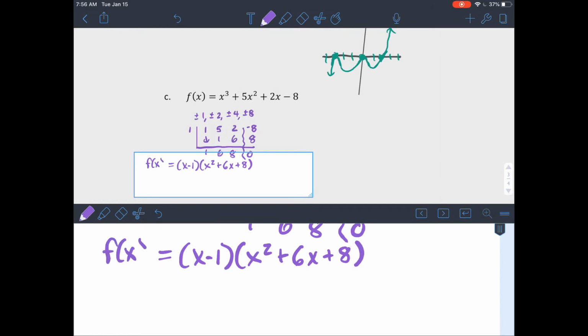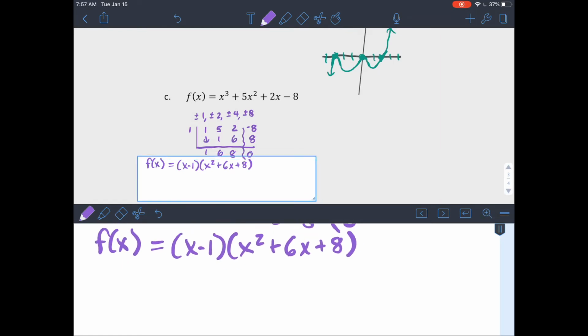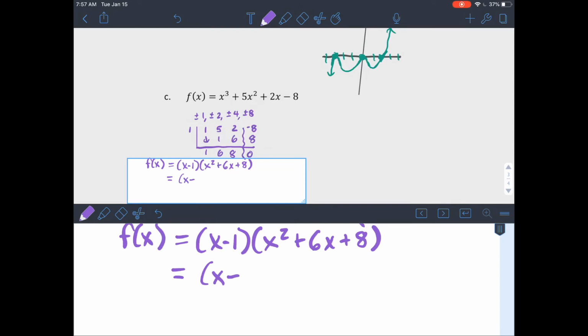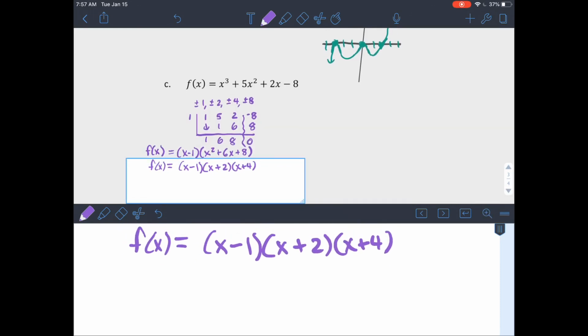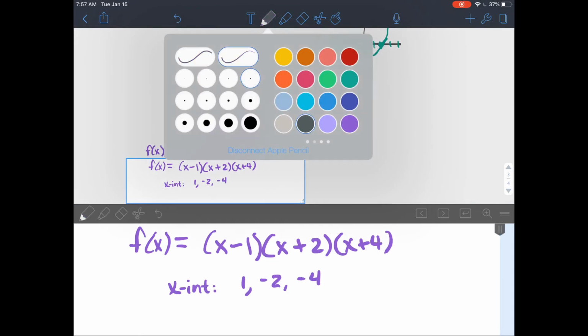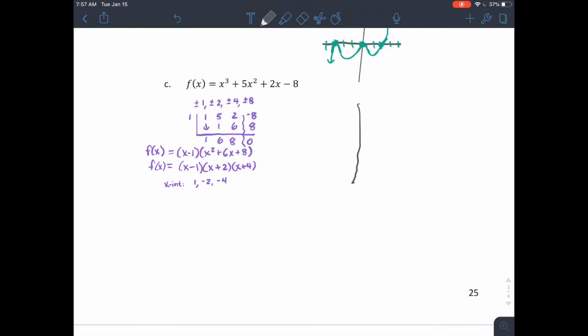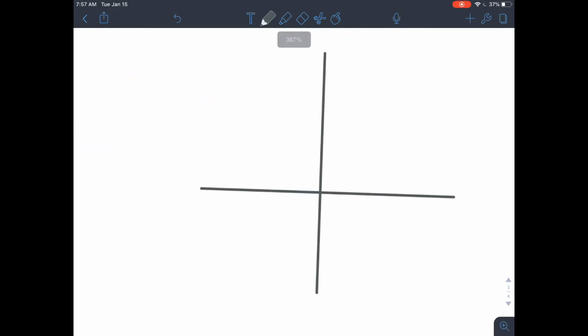And then that's actually to the point where we can just factor it further without having to divide again, because x squared plus 6x plus 8 factors into x plus 2 times x plus 4. All right, so we did the work and we wrote it in factored form. Now we know our x-intercepts, again, are going to be 1, -2, and -4, which we will plot on our graph. Thank goodness Notability can make straight lines.